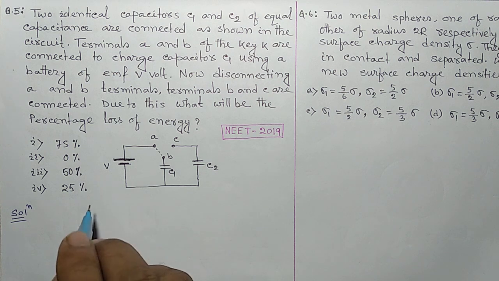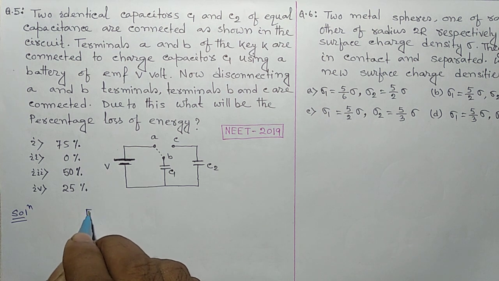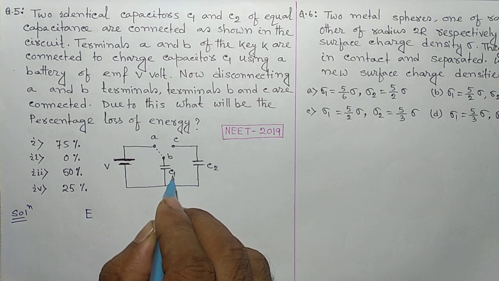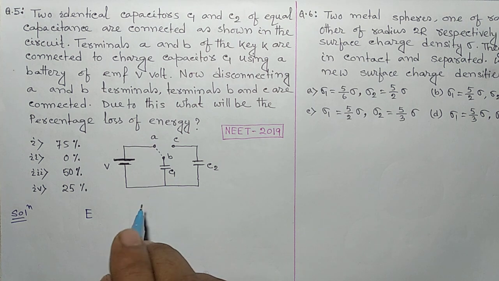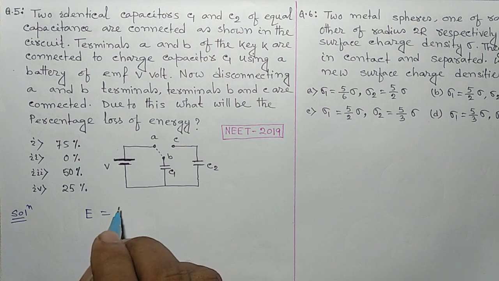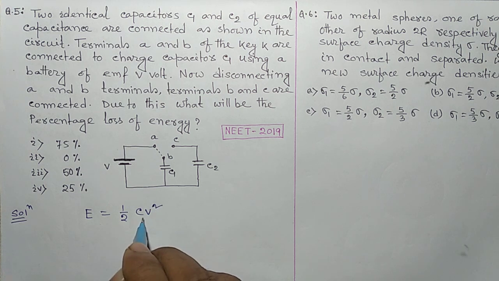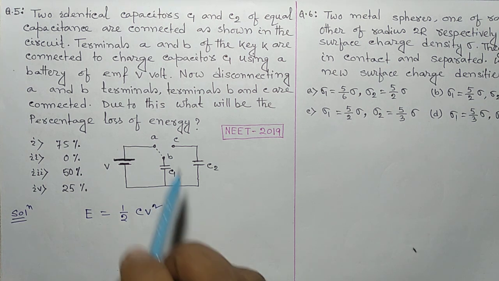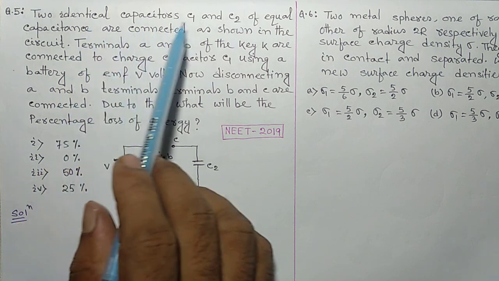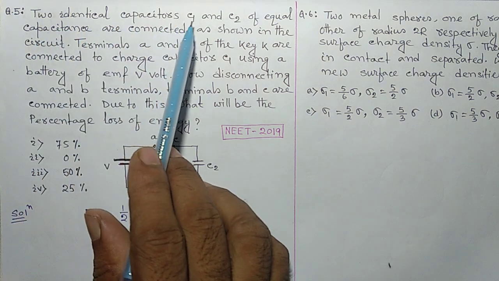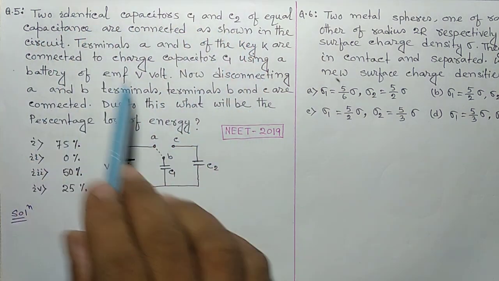So initially, the energy stored in the capacitor C1 is equal to half C V square. Actually it is half C1 V square, because the question says that two identical capacitors C1 and C2 are of equal capacitance.